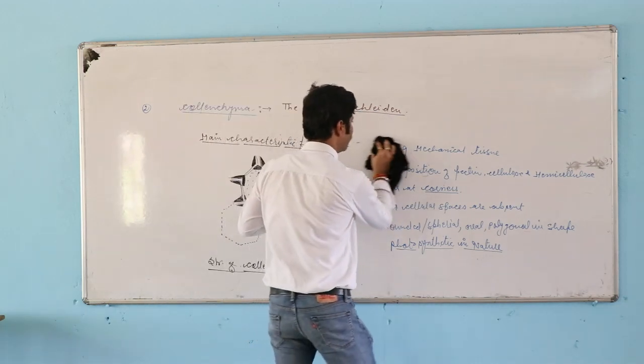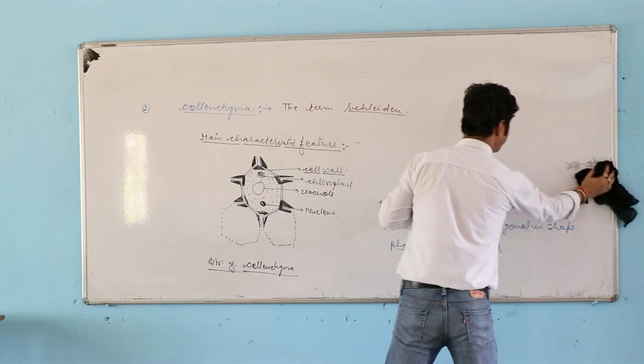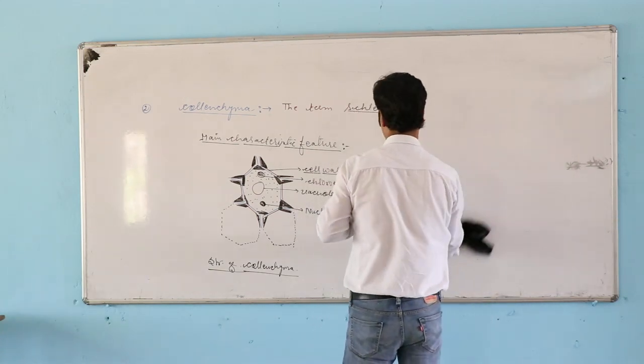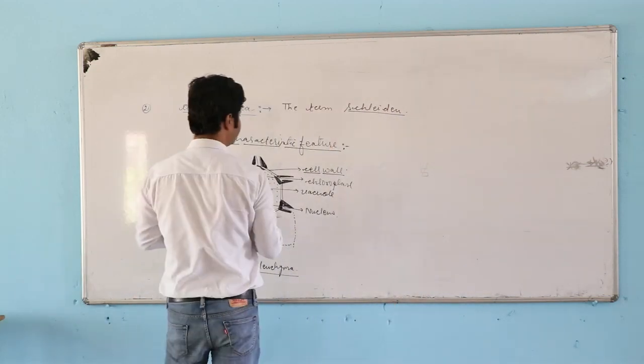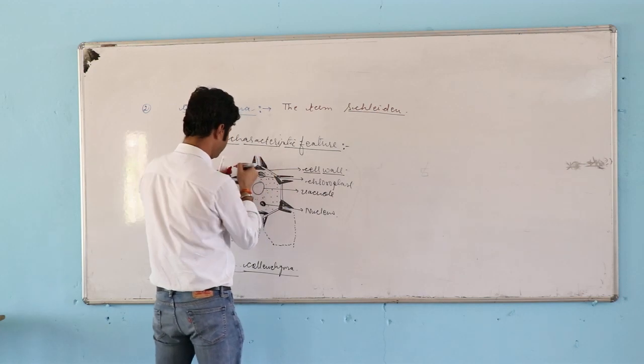Now, on the basis of deposition of pectin, the collenchyma are of the following three types. Due to the deposition of pectin, this one is pectin.